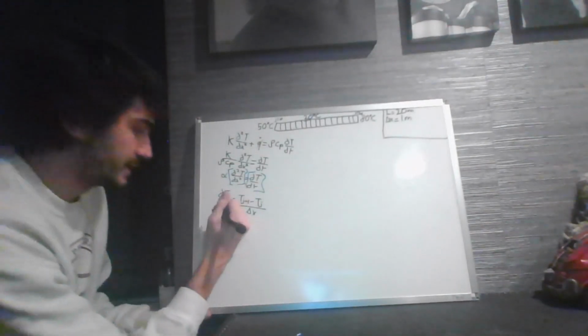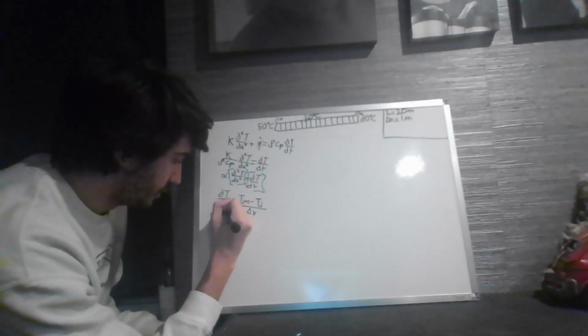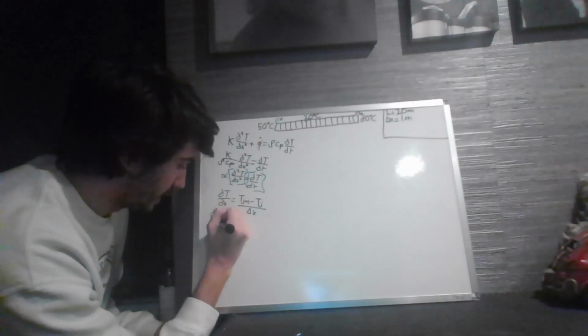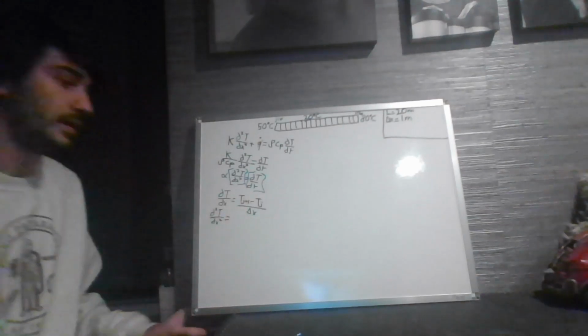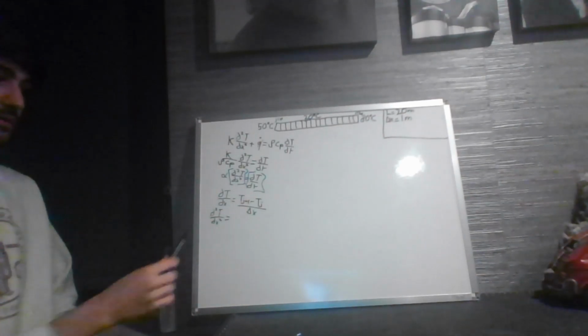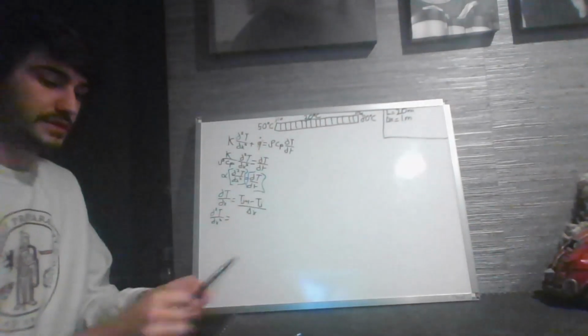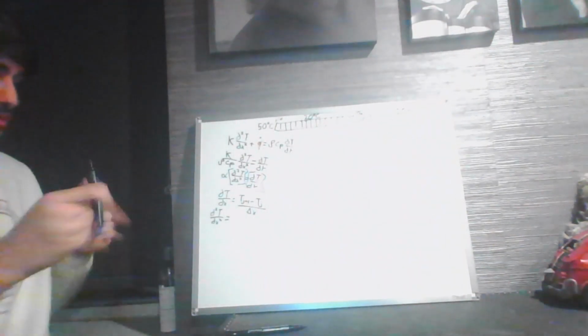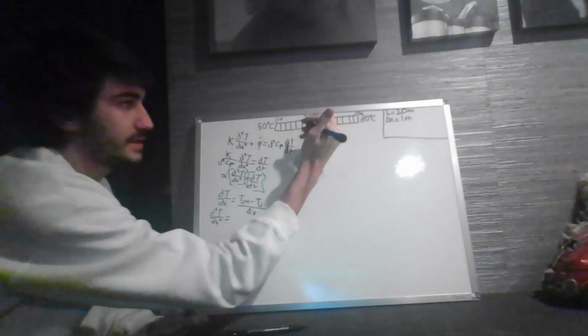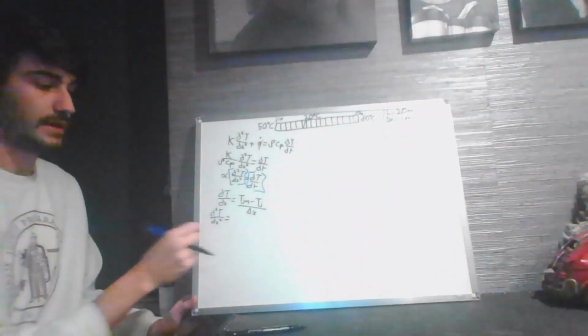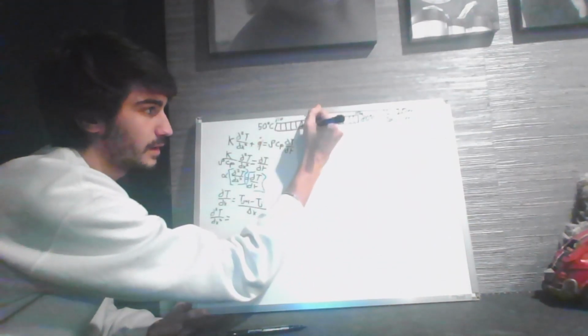Now, if you want to find the second partial derivative of temperature with respect to x squared, what we want to do is take the derivative of this, right? So we're getting the slope of this box, and what we want to do is get the increment prior and compare the two, right?